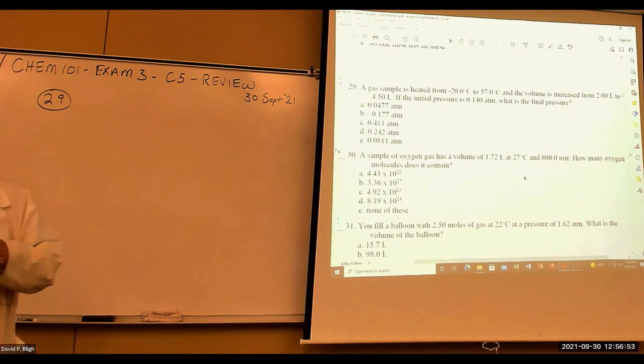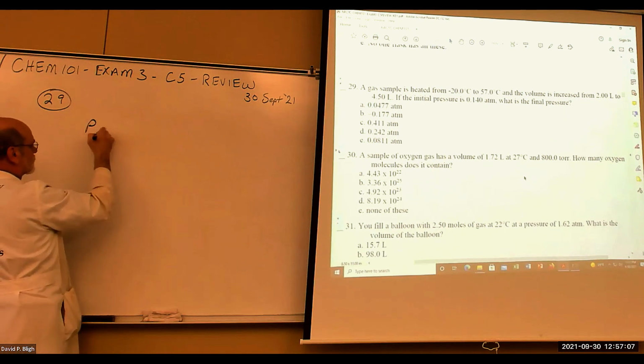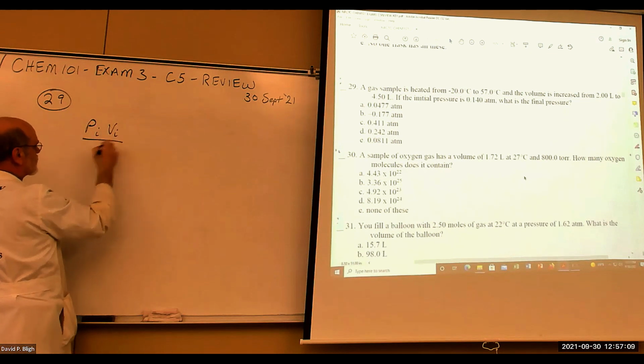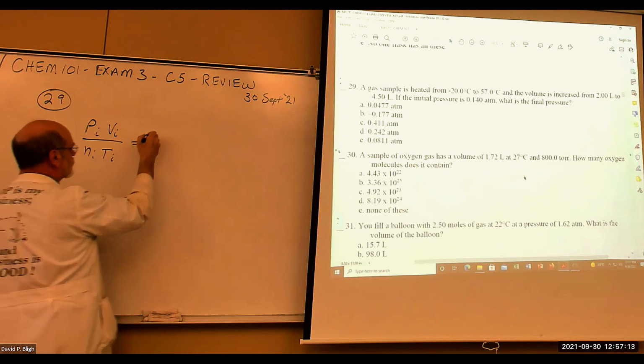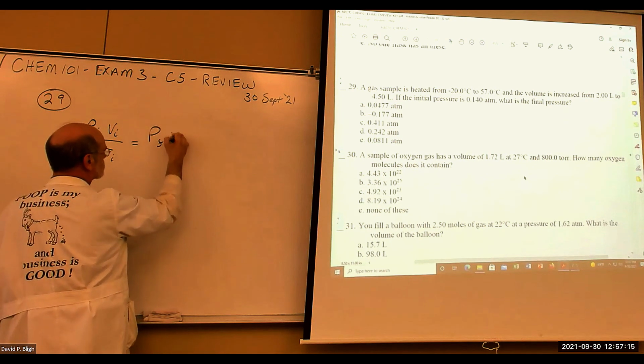Okay, this sounds like a before and after situation to me. If the initial pressure is 0.140 atmospheres, what's the final pressure? So this looks like you can use the combined gas law. So we know that these initial conditions are equal to these final conditions.